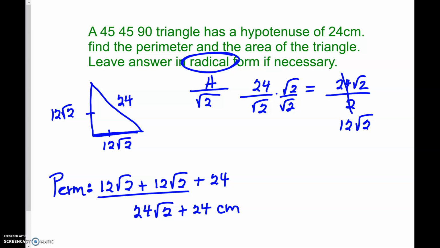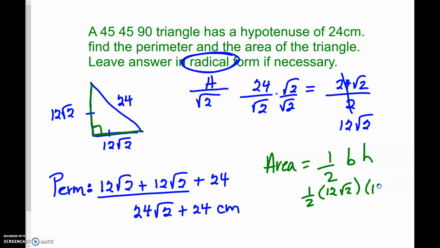All right, now what is area? So area of a triangle is going to be 1/2 base times height. And remember, your base and your height need to be perpendicular. So in this one, we're going to take 1/2 times 12 root 2 times 12 root 2.